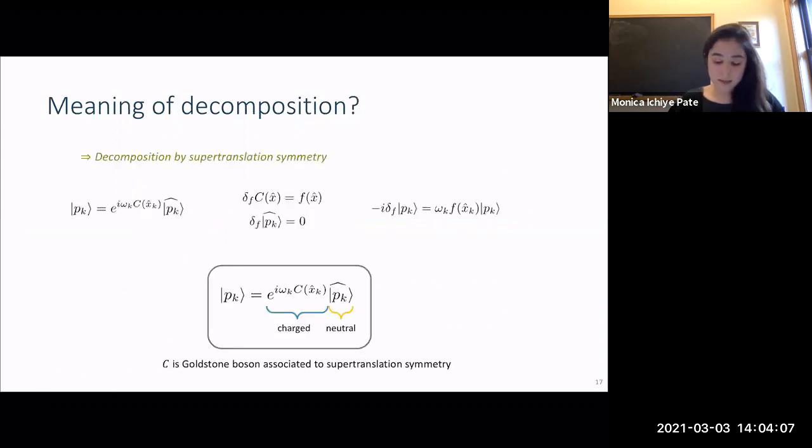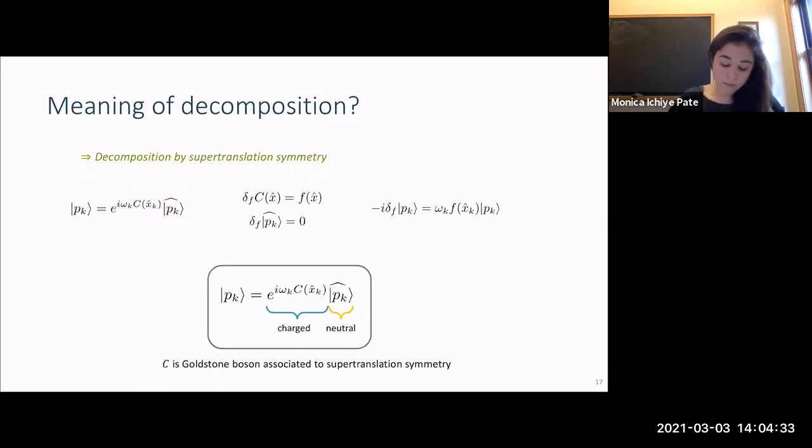So what this means is that this decomposition can be interpreted as the decomposition according to the supertranslation symmetry. So in particular, the part that is reproducing the soft part of the S matrix is the part that is charged under supertranslations, and the part that is reproducing the hard part of the S matrix is the part that's neutral.